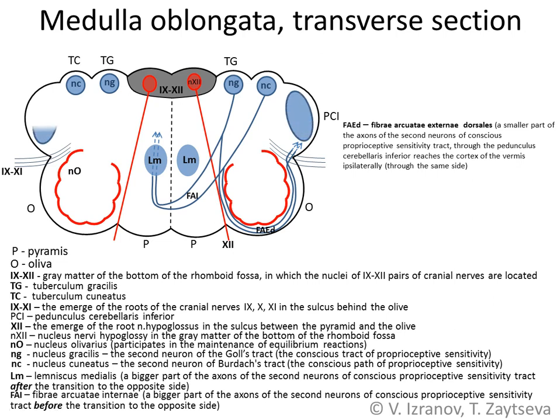And now, in pedunculus cerebellaris inferior, we can find several tracts which also have their own names. Tractus spinocerebellaris posterior, or Flechsig's tract.